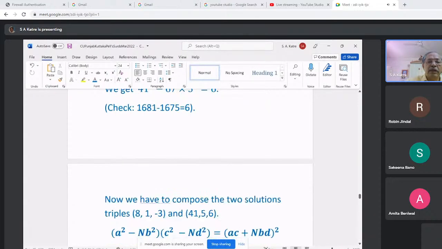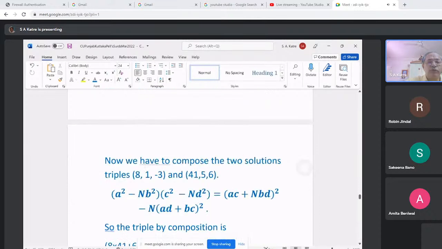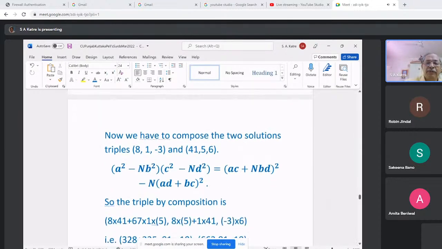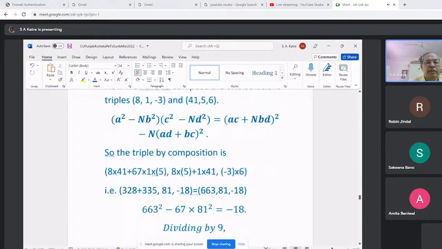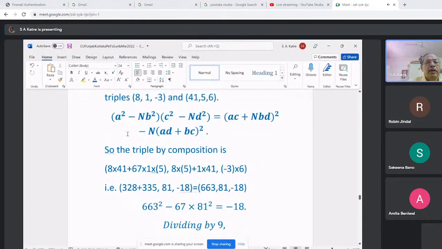Okay. So this is another thing that we have done. Now you have to compose these two solutions, (8, 1, minus 3) and (41, 5, 6). What do you get? You know the formula of Brahmagupta. So you compose in the same way. We have done one composition earlier.